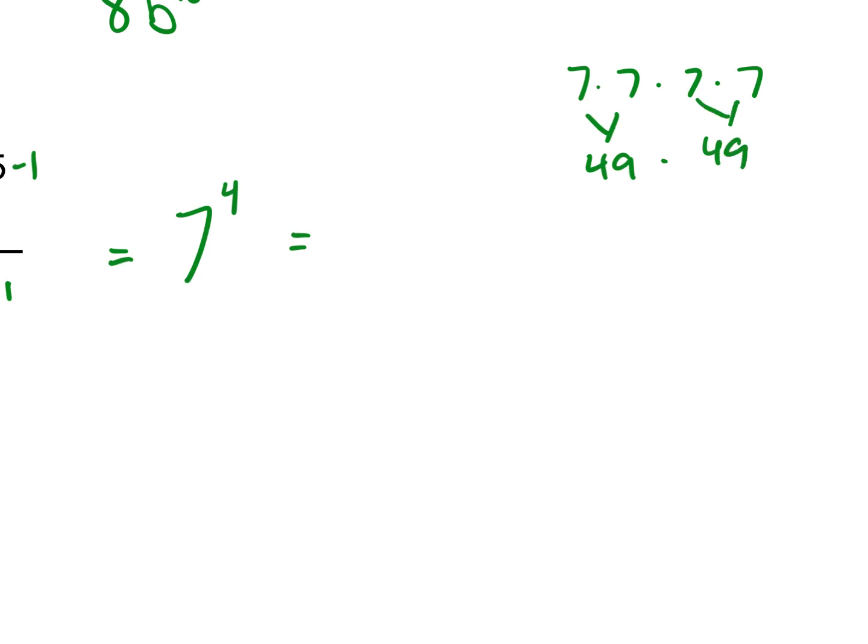So let's multiply 49 times 49. 9 times 9 is 81. 9 times 4, 36. 36 plus 8, 44. 44. We're going to put a 0 there. 4 times 9 is 36.